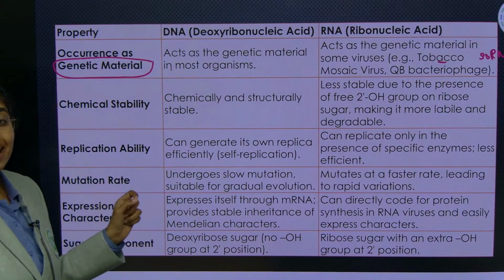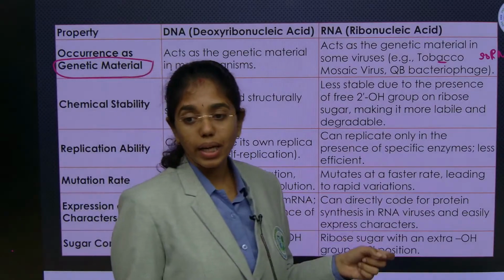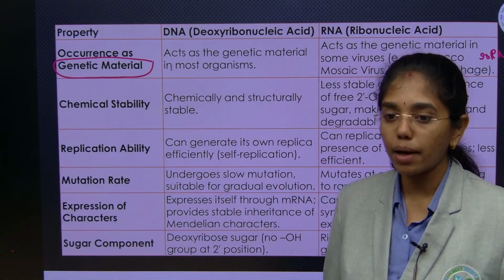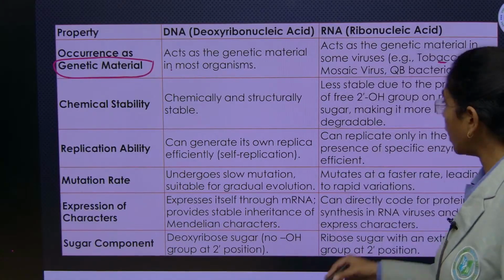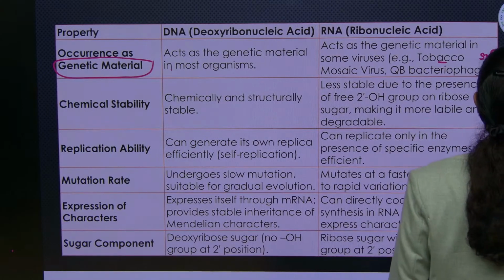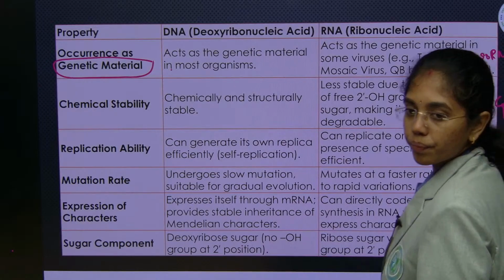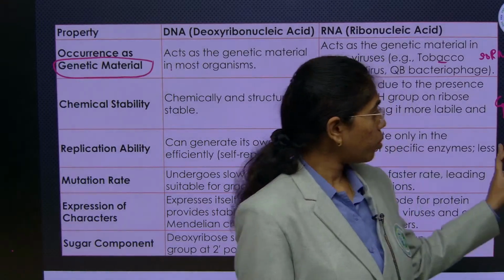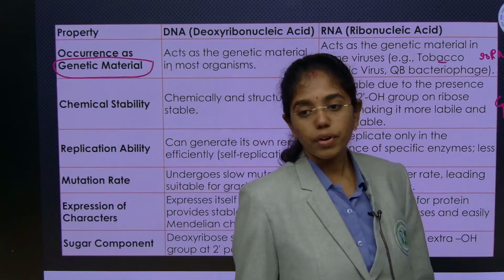RNA is less stable when compared to DNA because it has a free OH group at the second carbon of the ribose sugar. If you can see that pentose sugar, ribose sugar, C1, C2, C3, C4 and C5, five carbons, right. At the second carbon there is a free OH group. In the complete nucleotide chain, the ribose sugar second carbon has a free OH group.